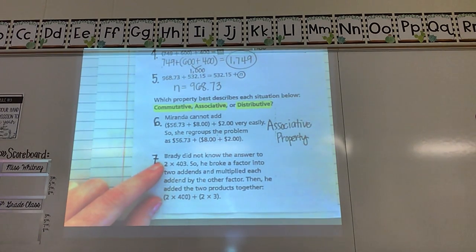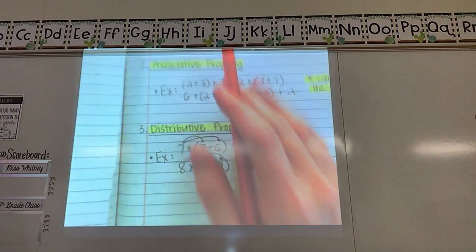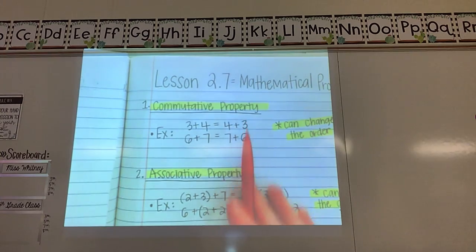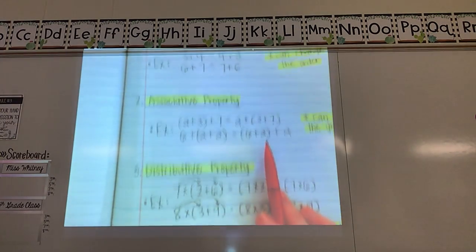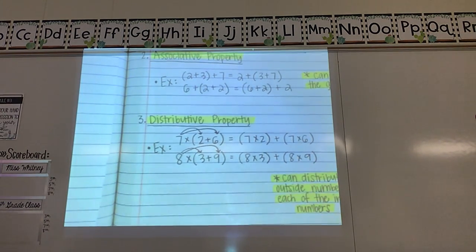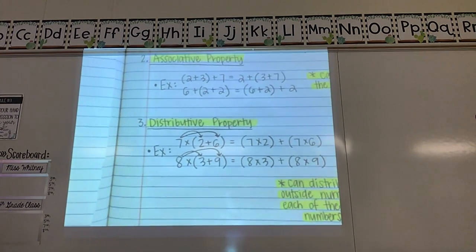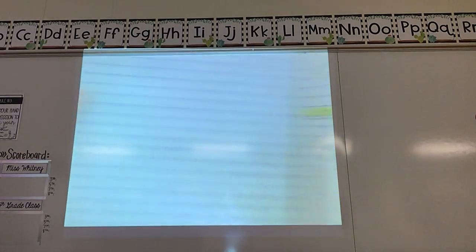Which one of those properties was he using to be able to do that? Is it the commutative property, the associative property, or the distributive property? Which one is he using if he couldn't do that, so he broke it up into 2 groups like that?